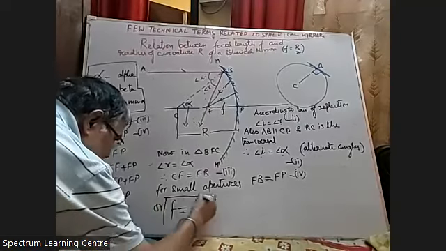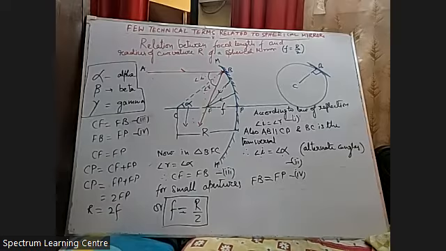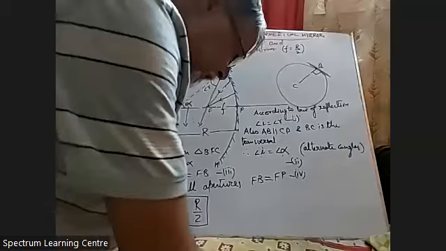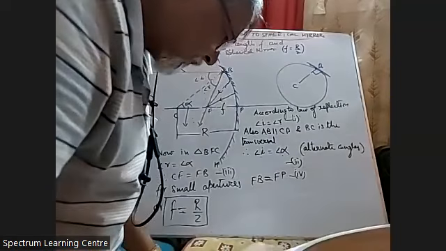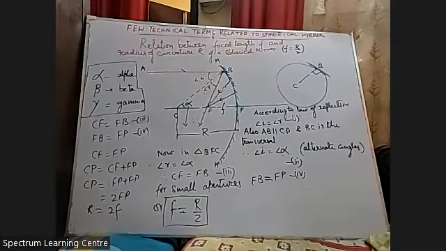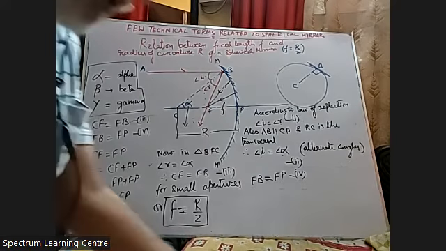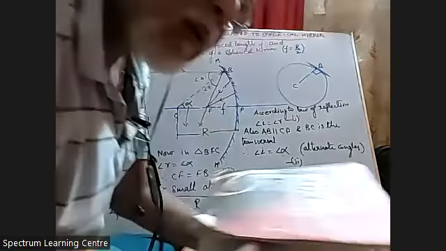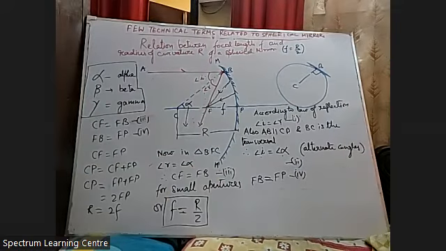Yes, Pratyasha, understood? This is beyond your syllabus. This is geometrically proven that focal length F is equal to R by 2. Optics is nothing but a game of geometry only.